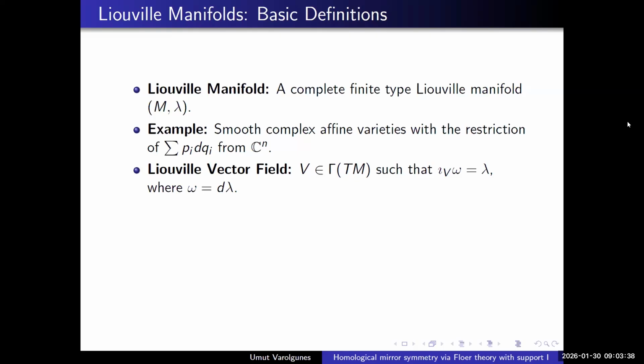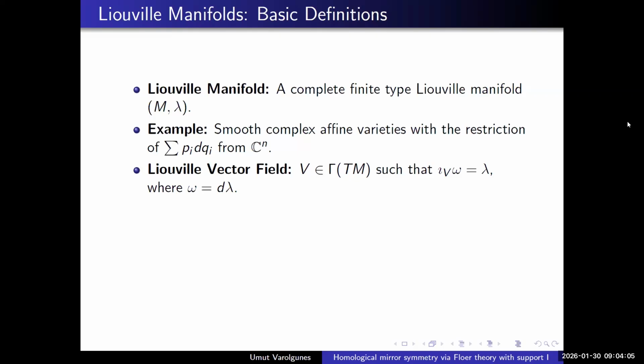Examples that are relevant to us today, most important ones probably, are smooth complex affine varieties. You get a Liouville one form if you embed them into Cn: just choose any presentation of the ring, the algebra of functions, and take the standard pdq form from Cn and restrict it.